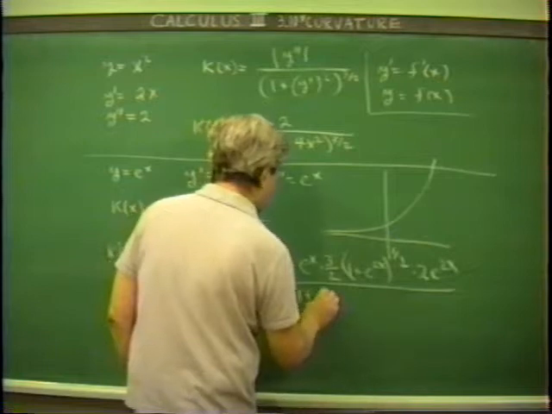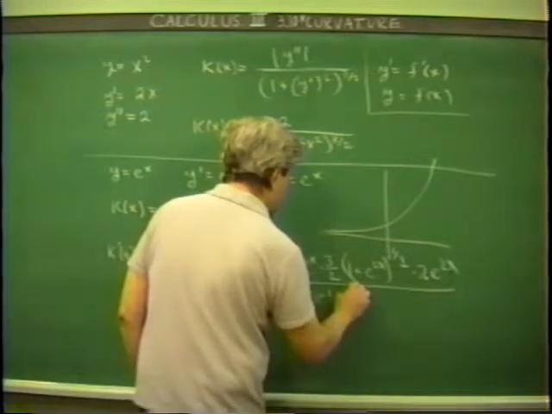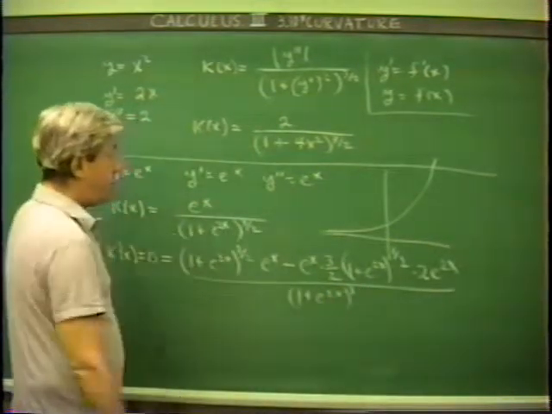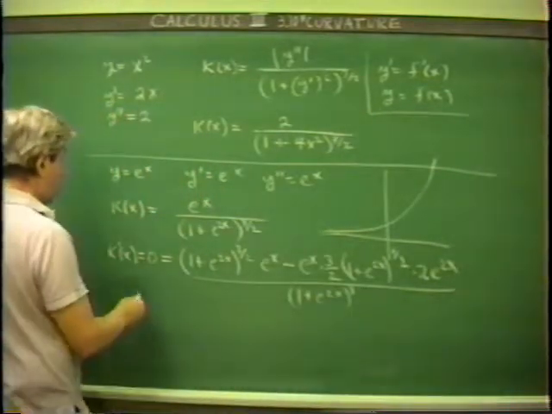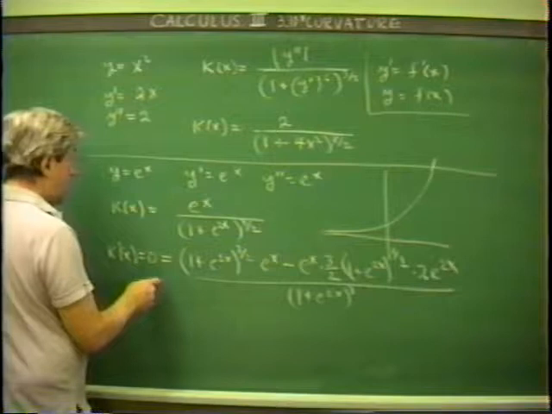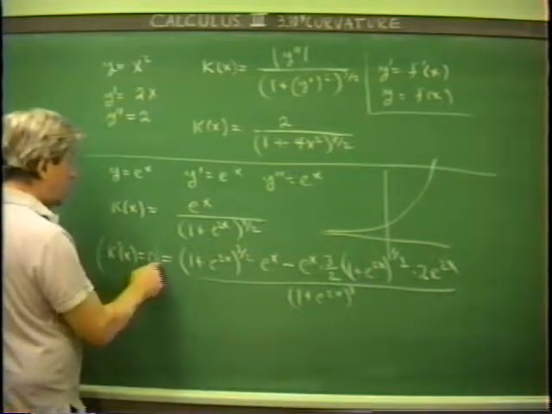Derivative of 1 is 0, derivative of e to the 2x is 2 e to the 2x, all divided by the denominator squared. So 1 plus e to the 2x to the 3 halves squared, or 1 plus e to the 2x cubed.